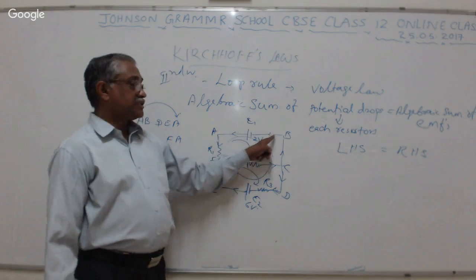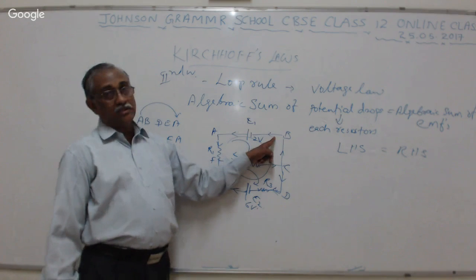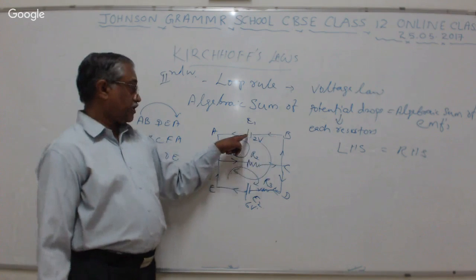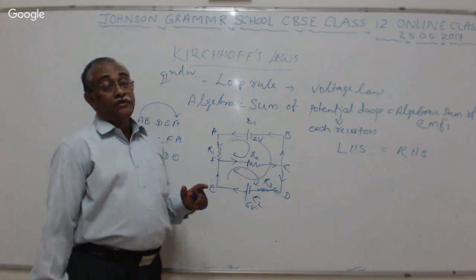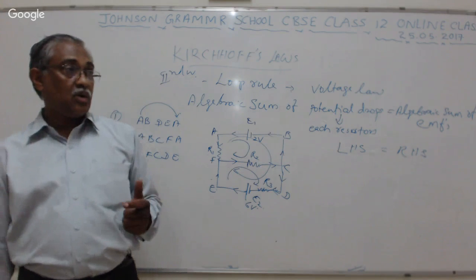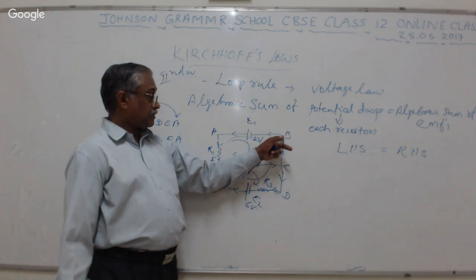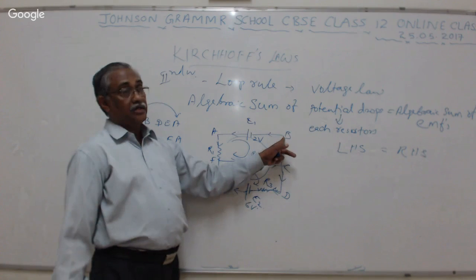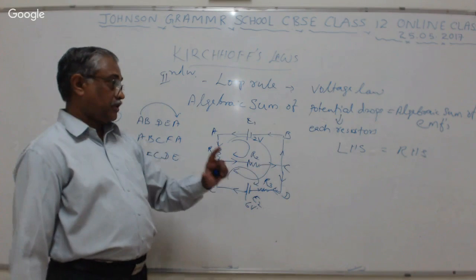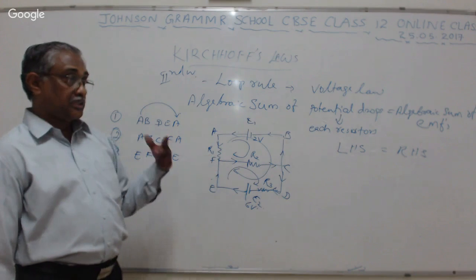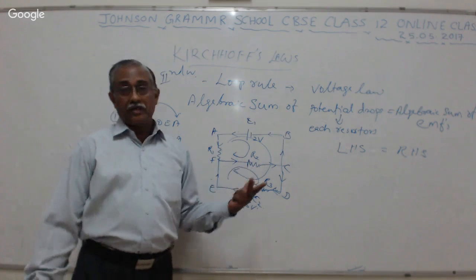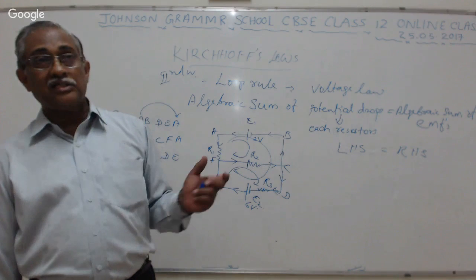If that direction is taken against the current flow, which we have already decided, then it will be taken as negative value. And if you have taken it in the direction of current, it will be taken as positive value. Understood? This is clear, because if there is any mistake in giving the sign, the algebraic sum will be wrong.